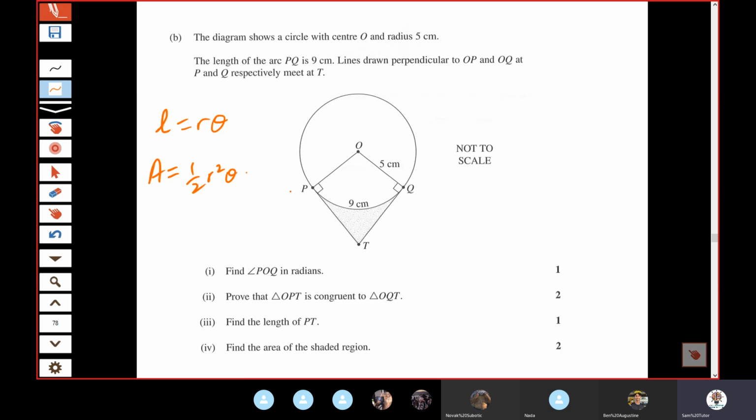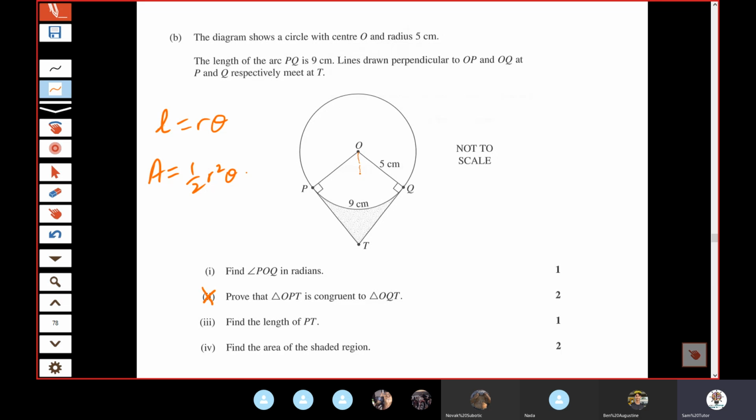Ooh, double I. I just saw double I. Out. Congruency should not be tested, so that's out. Triangle OPT is congruent to triangle OQT.